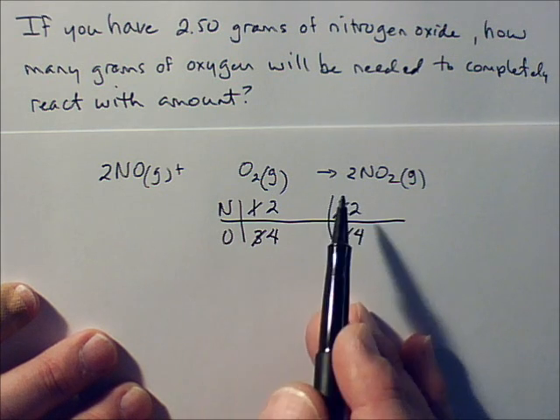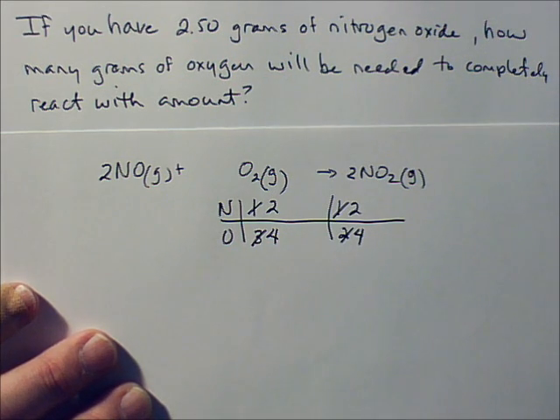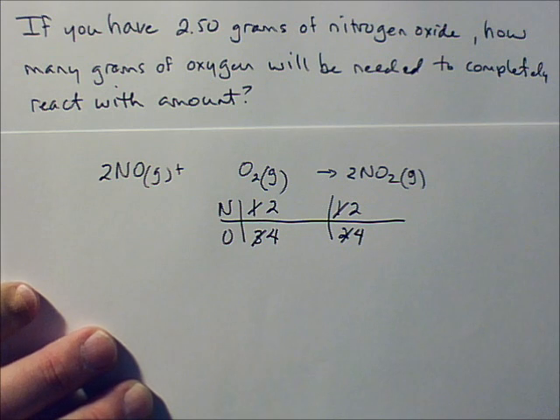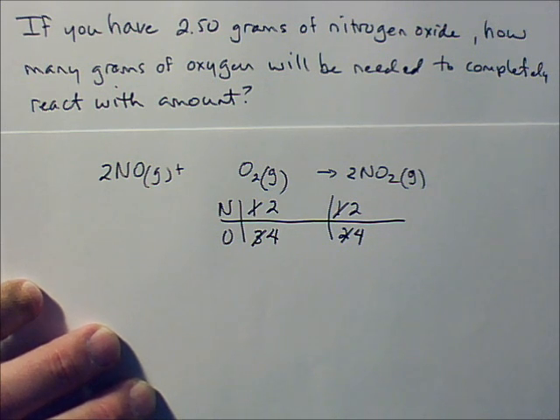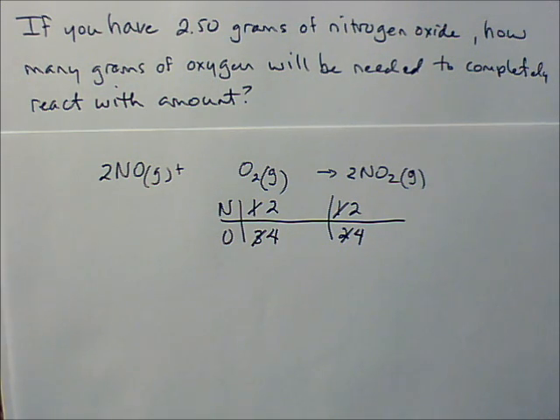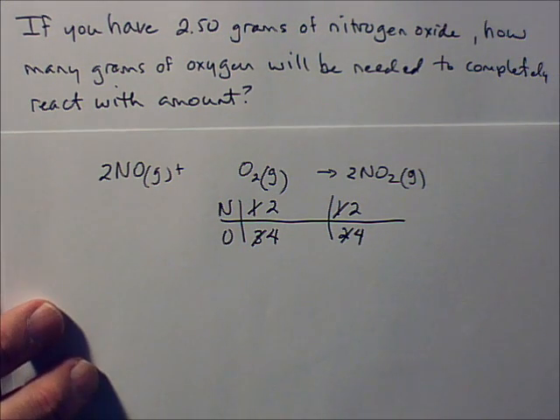It's from the coefficients in the balanced equation that you get the molar ratio that allows you to convert from one species to another.